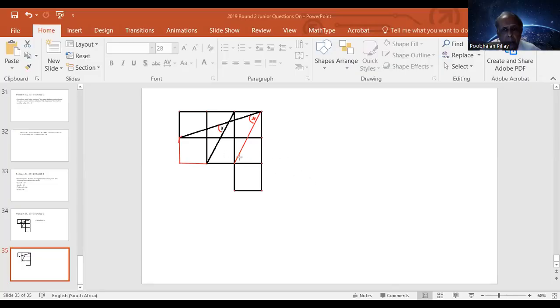Because what you can do is, you see this red line here. Now, when I extend it like this, I will see that the red line is actually equal to this thing here. Because you're joining opposite corners of a rectangle, a 2x1 rectangle. And here too, you're doing the same thing. You're joining opposite corners of a 2x1 rectangle. So this line here is the same as this line.